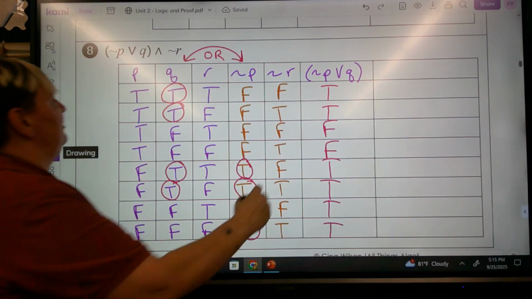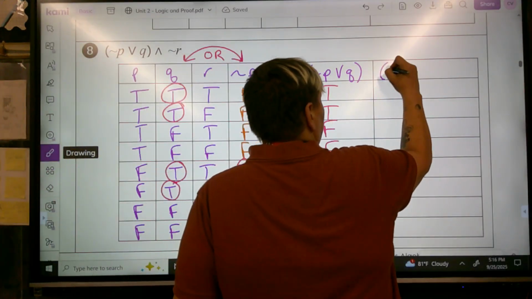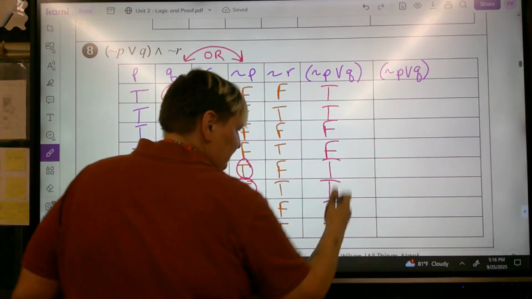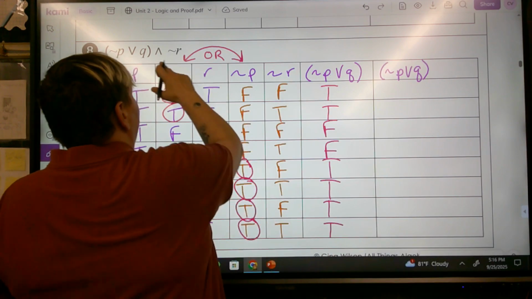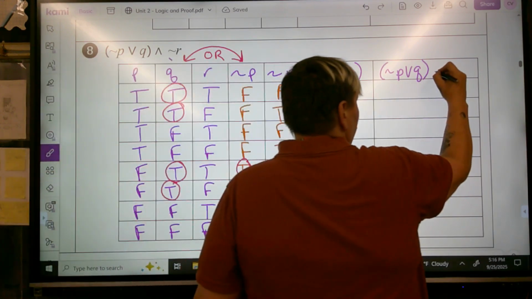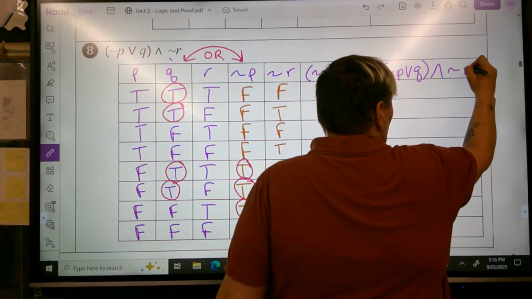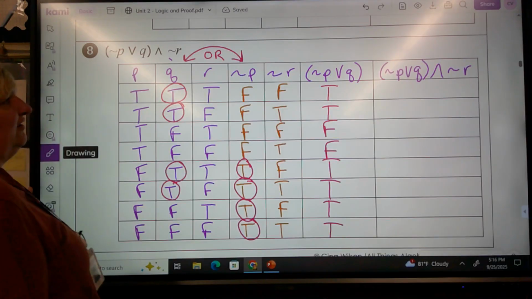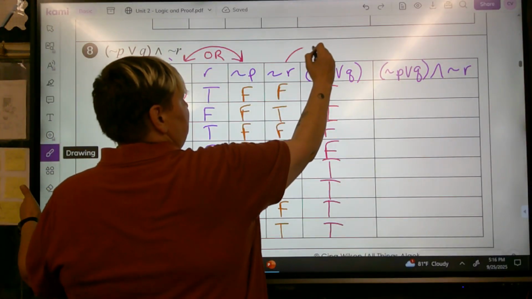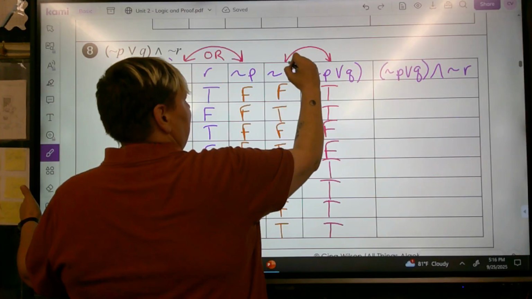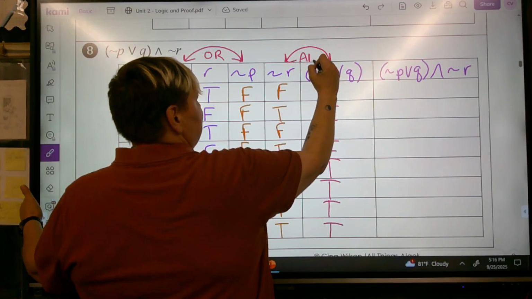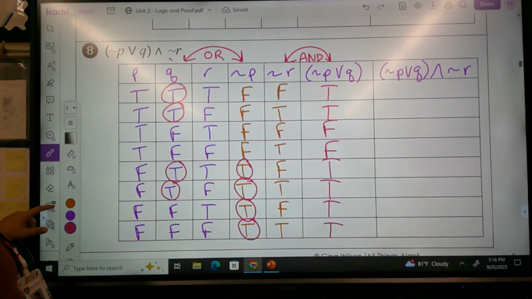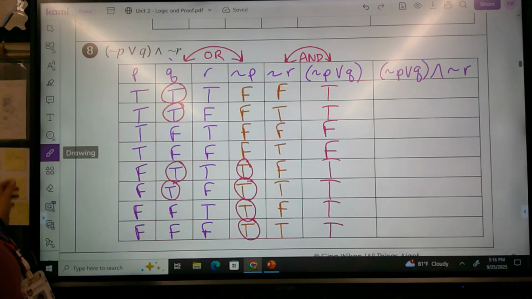Alright, final column is the whole thing, not P or Q, which means we're using this column. And then it says and not R. So we're using not R, which means we're using these 2 columns, and it's an and statement. So let's go back and circle our T's.